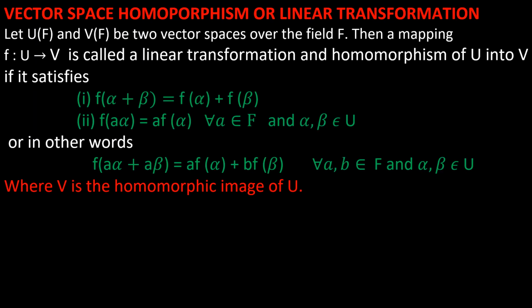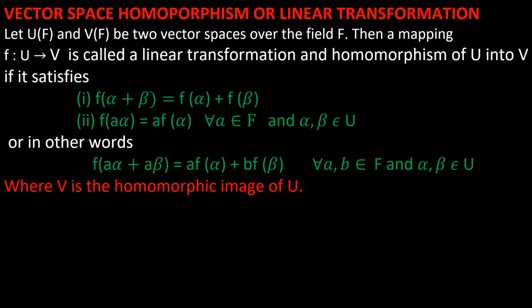Another definition: vector space homomorphism is another name for a linear transformation. Let U(F) and V(F) be two vector spaces over the field F. Then a mapping from U to V is called a linear transformation, or homomorphism of U into V, if it satisfies the following properties, which we already discussed in the previous definition.